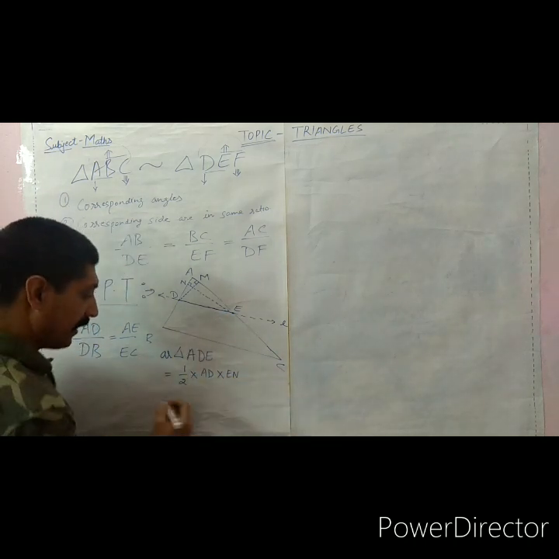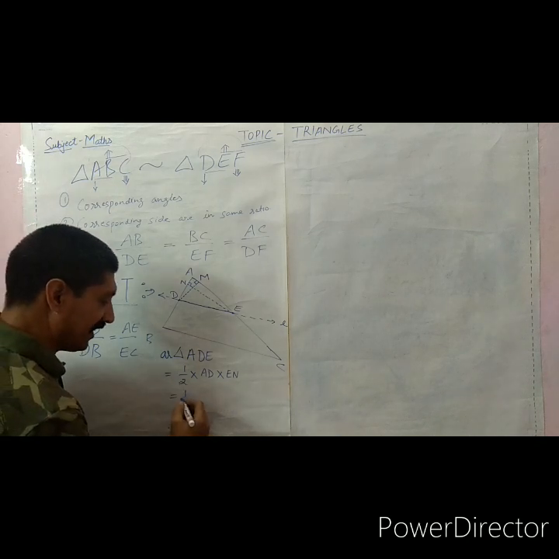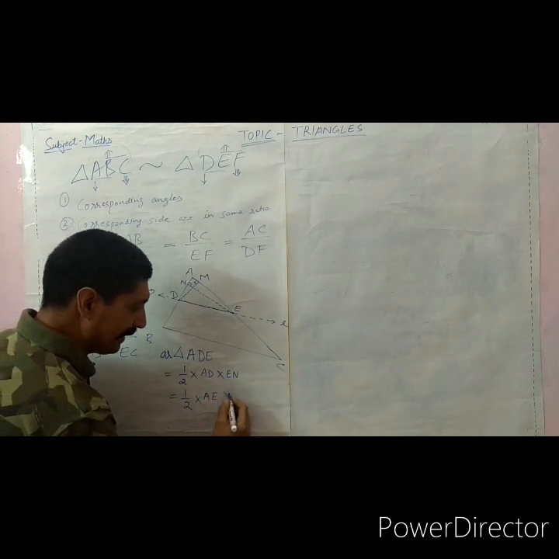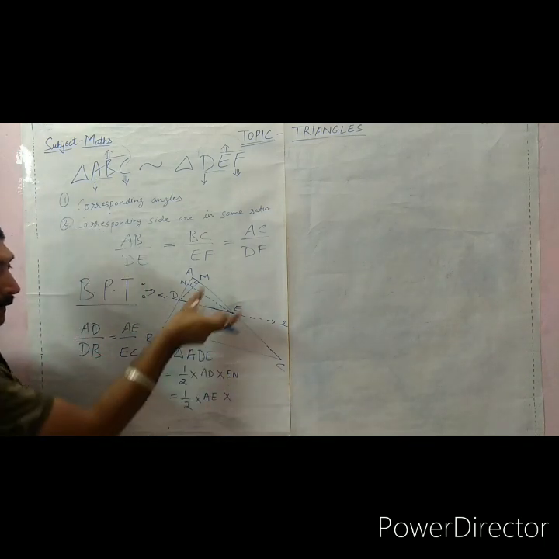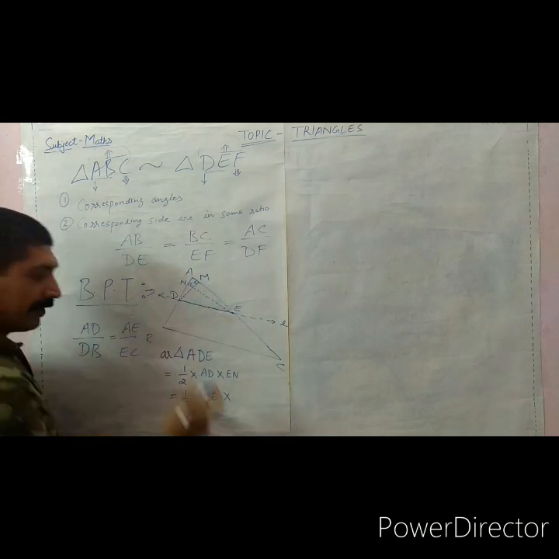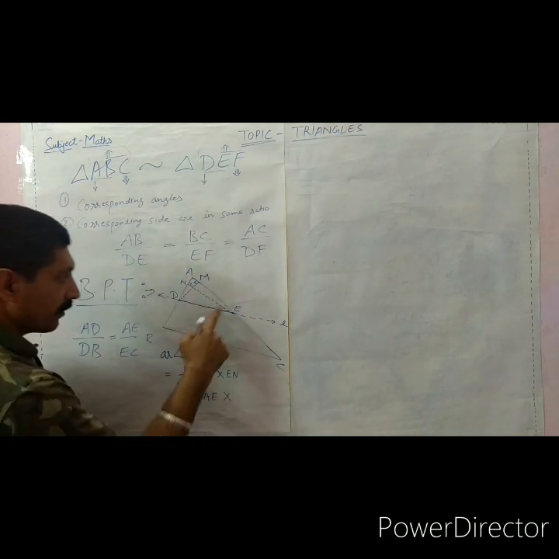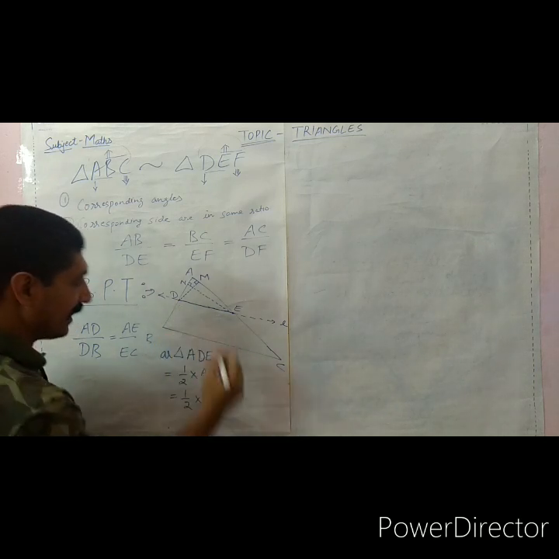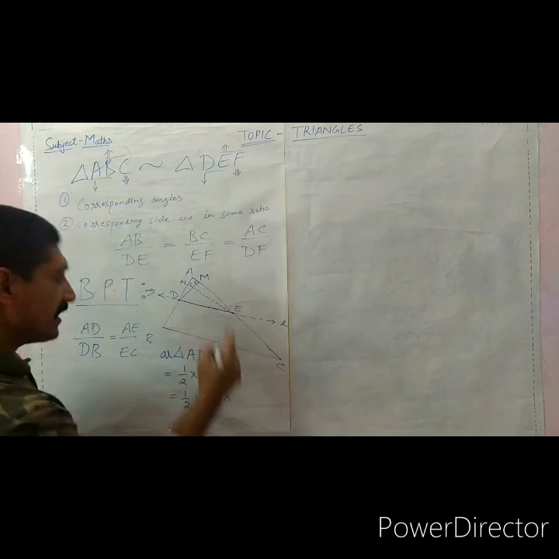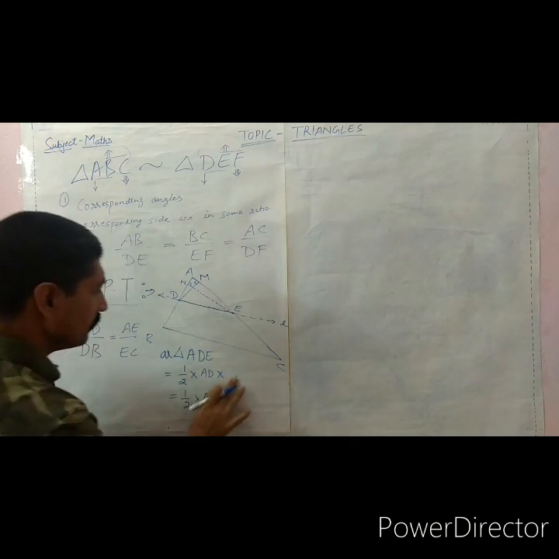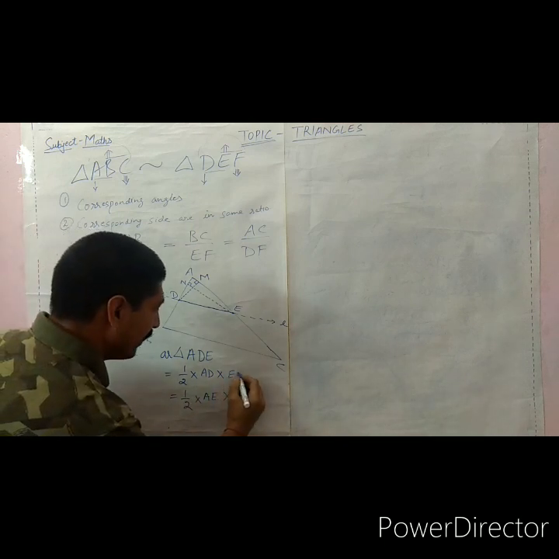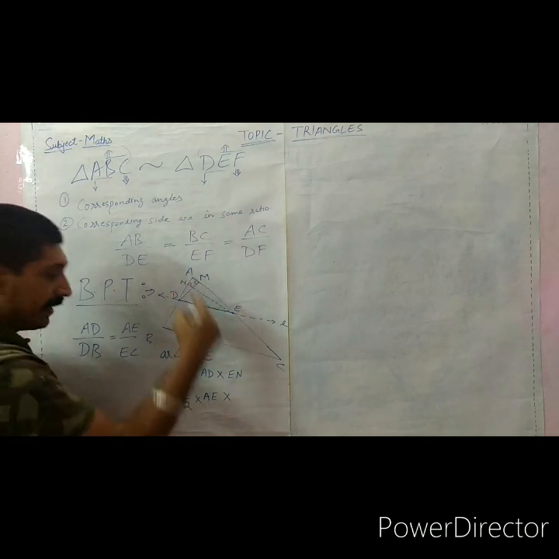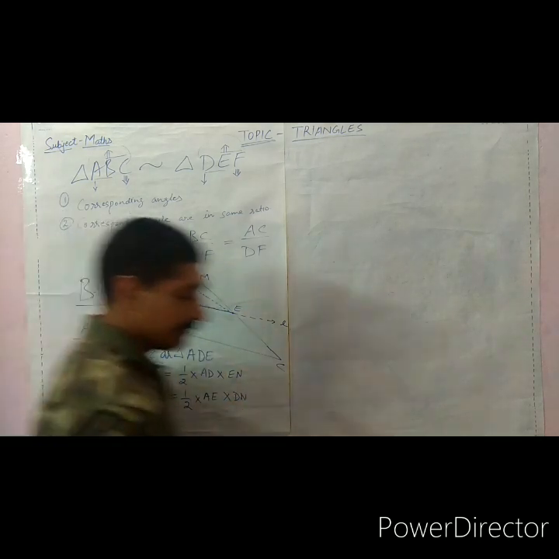And if we take the same triangle, its area can also be written as half into AE multiplied by the corresponding altitude, which is DM, sorry, it is EN. Half into AE into DN.